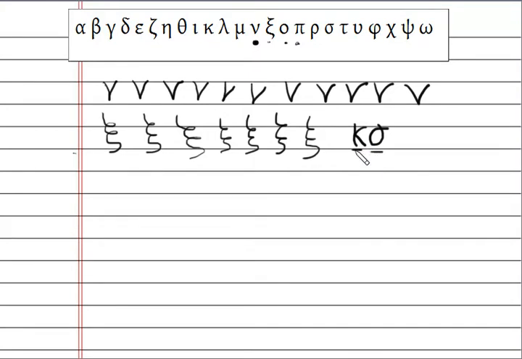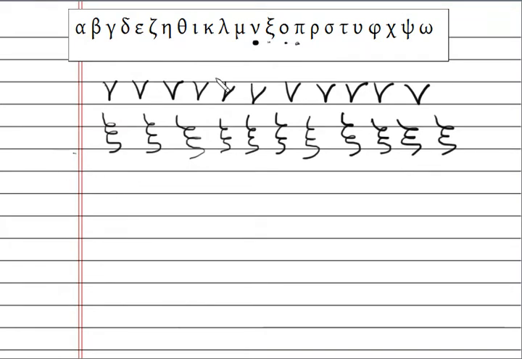So that's a double consonant, and anytime you hear the word ksi, I want you to hear the sigma sound in it, because in a sense it's hiding a sigma. That'll become important later. You don't need to worry about it now. Just remember that the ksi is a double consonant with a sigma hiding in it. We'll tell you why that's important later. It does become important, though. So we've got nu and ksi.